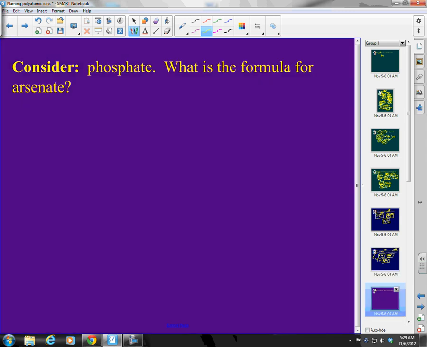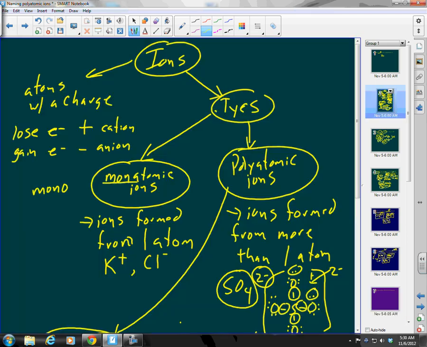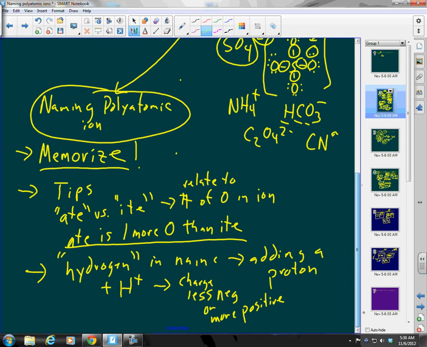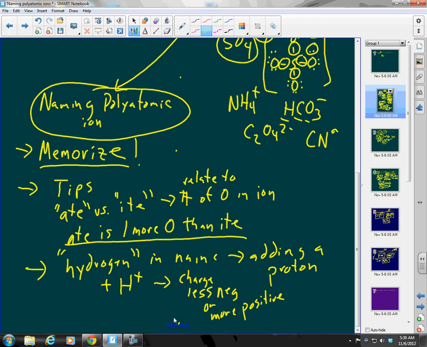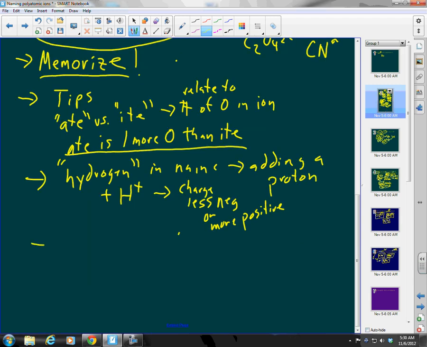Going further. Consider phosphate. What is the formula for arsenate? Okay, one other tip here. Here we go. Tip number 3, use the periodic table. Now I'll tell you, the periodic table doesn't always work, but it does in a few circumstances.